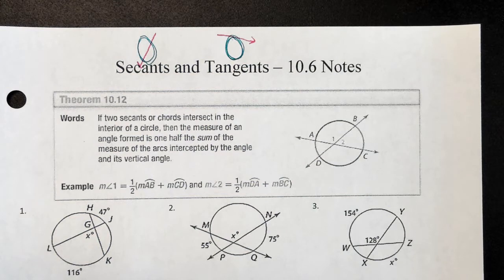Here's a way for you to remember this. If it's secant, then it seeps through the circle. Secant, seeps. Seeps means it kind of goes through. Y'all know what the word seep means? Like seeps through. Secant lines seep through the circle. When you get a tan, where do you see it?